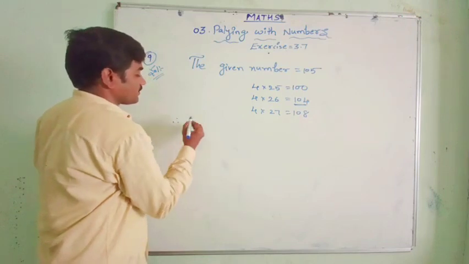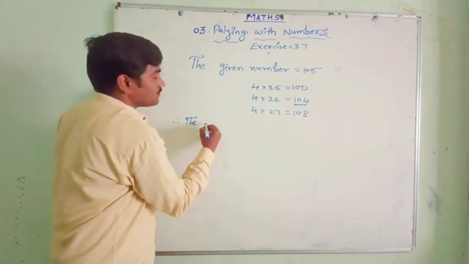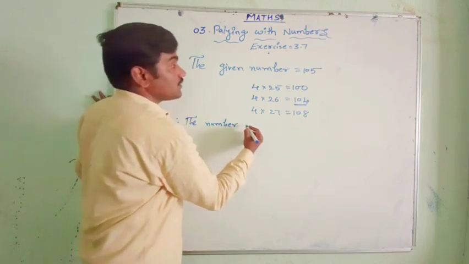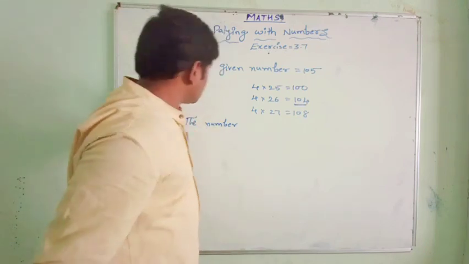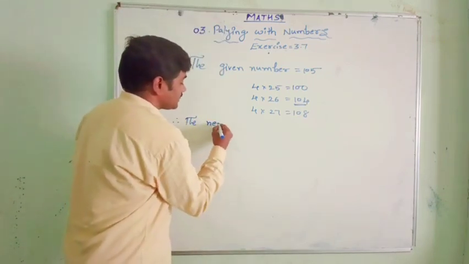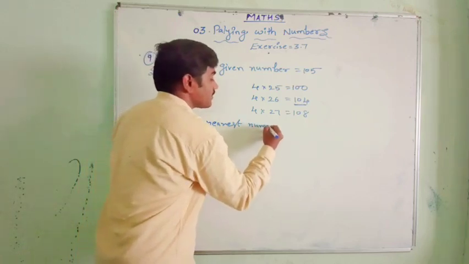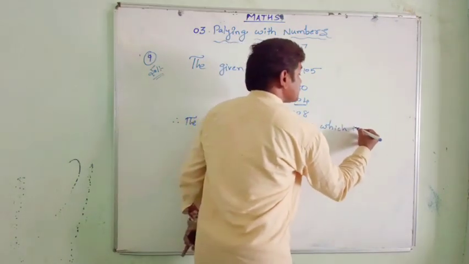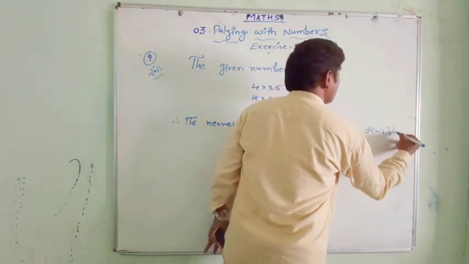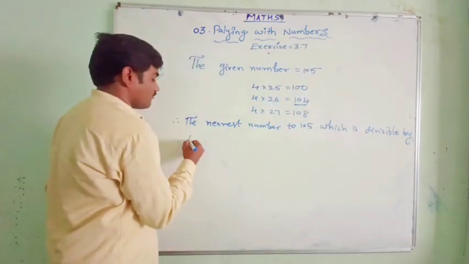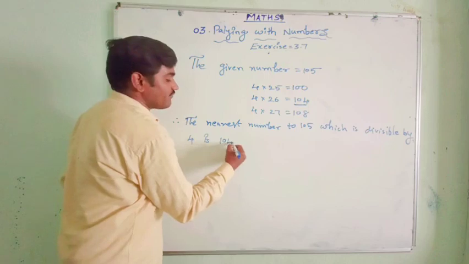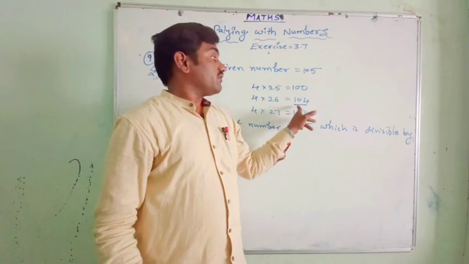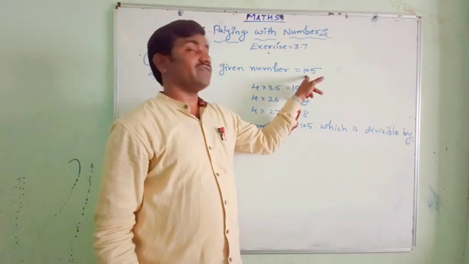So therefore, the nearest number to 105 which is divisible by 4 is 104. 108 and 100 are far from 105, but 104 is very near to 105, which is divisible by 4.